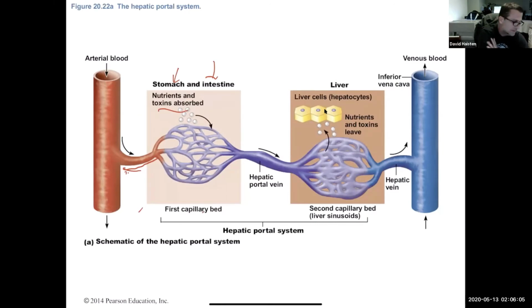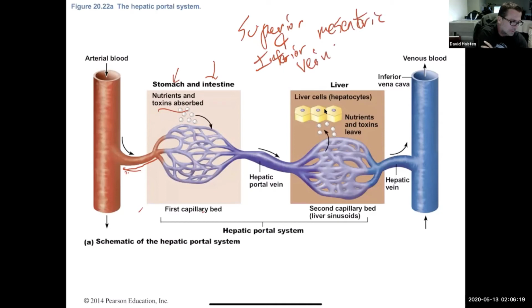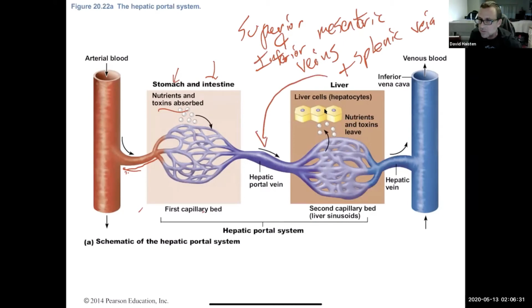So the superior and inferior mesenteric veins and the splenic vein are going to feed into this hepatic portal vein, which goes to the liver. In the liver, there's a second capillary bed. In fact, they're sinusoids, the leakiest of all.